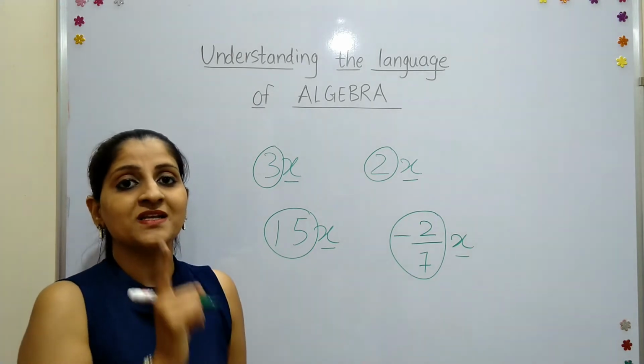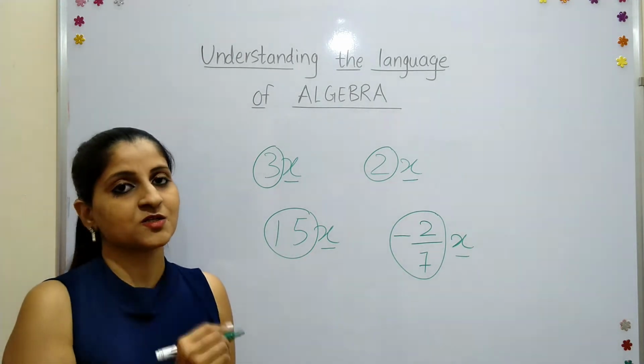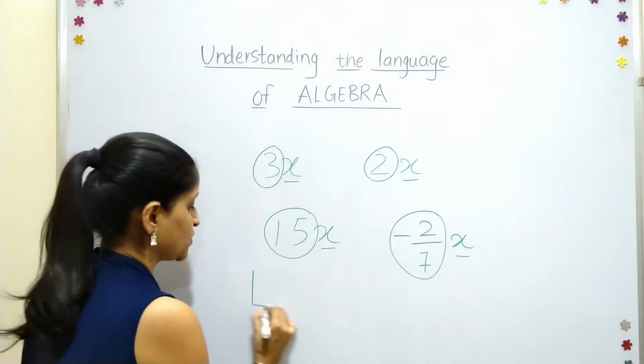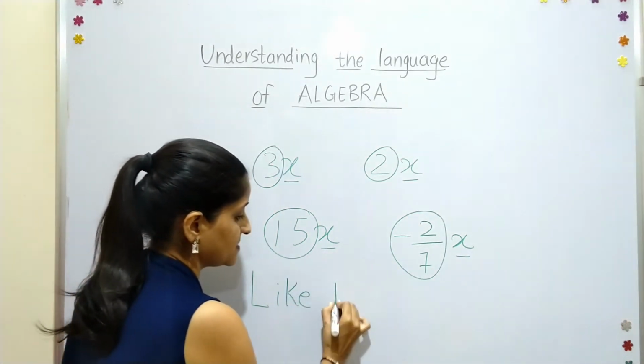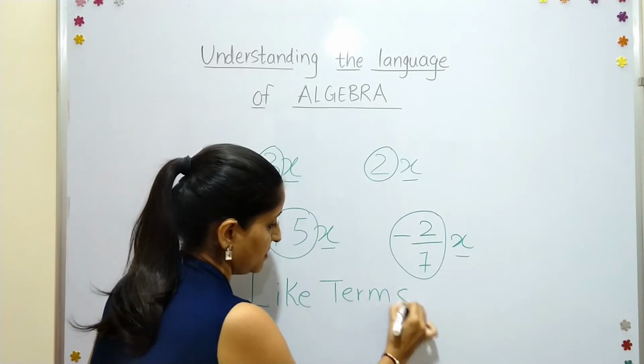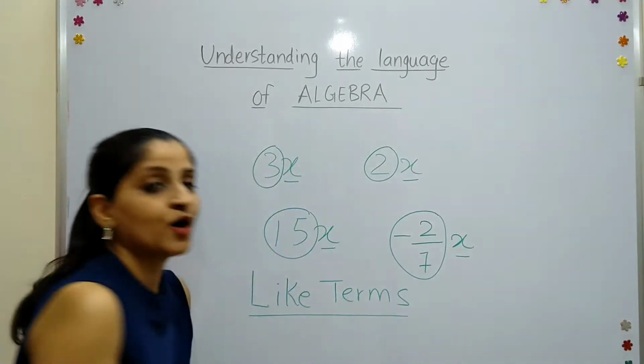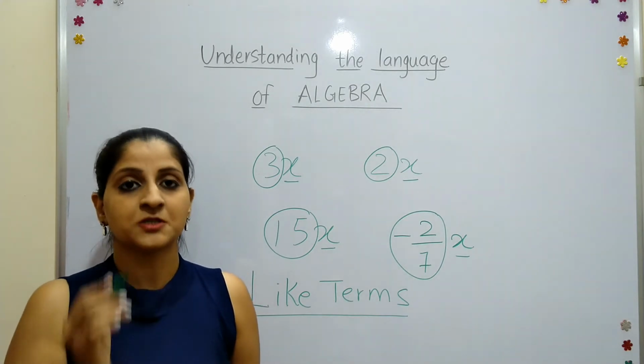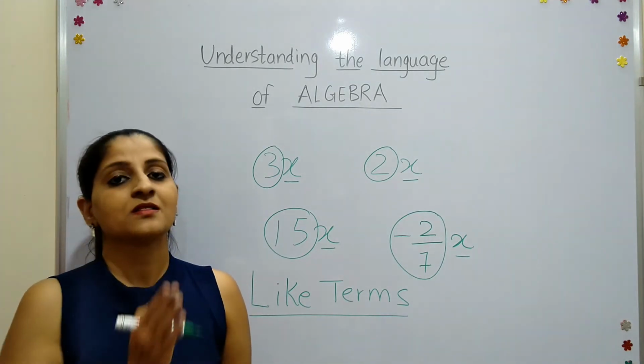So when the variable in the terms is the same, the terms are called like terms in algebra. So we call these terms like terms.